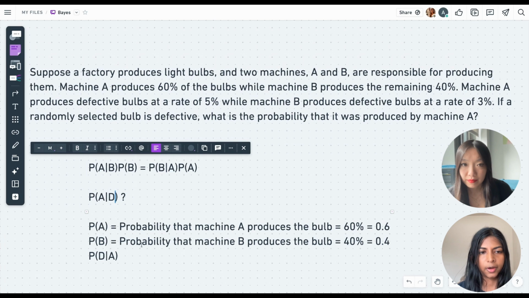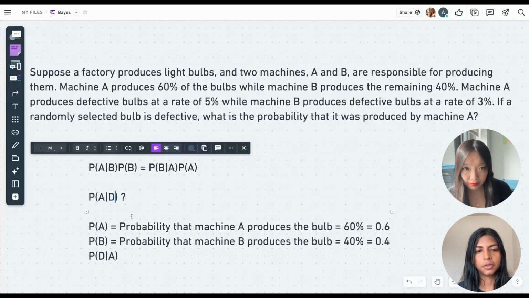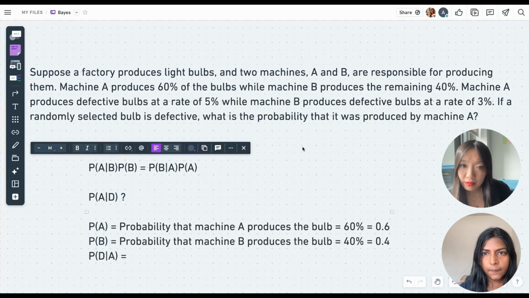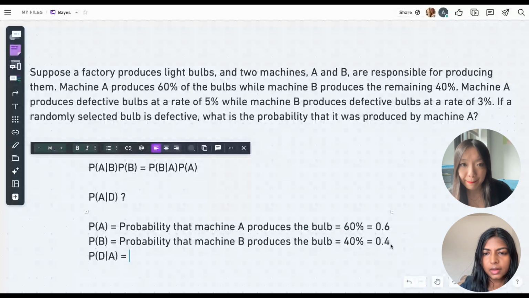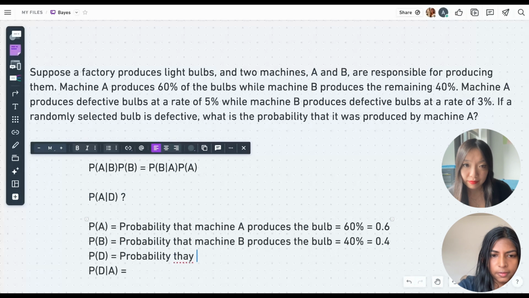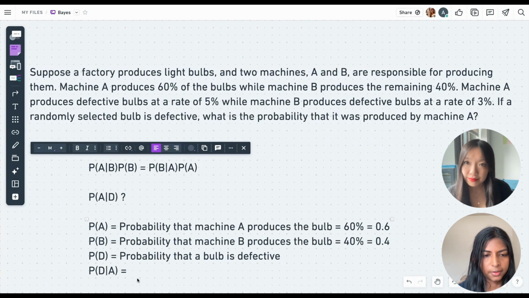So we actually want to find the probability that it was produced by machine A given D. Okay, we already have P(D|A). Can you write out what D represents? Oh yes. So this just represents the probability that a bulb is defective. Okay. And we don't have this, so we'll need to calculate this, but I'll do that once I write out the other probabilities that we already know.